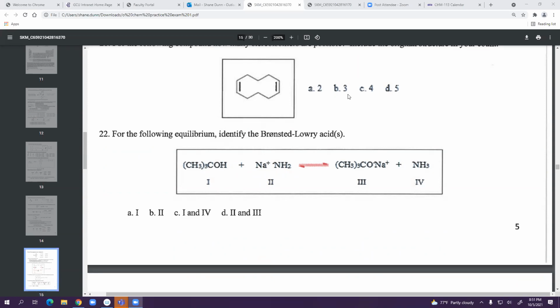No, Bronsted Lowry does protons. You have to know the difference between two acids. The one you guys know from Chem 115 is Bronsted Lowry. That's the movement of hydrogens, right? Lewis is the movement of electrons. We mostly use Lewis, but we can use Bronsted Lowry sometimes because it's easier to see.